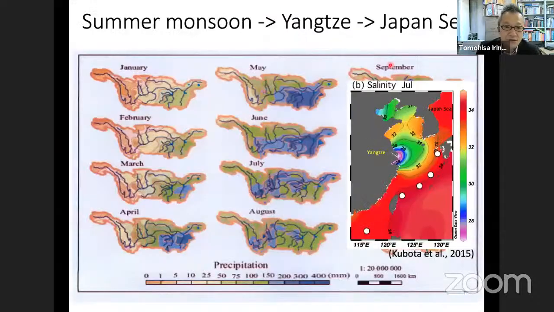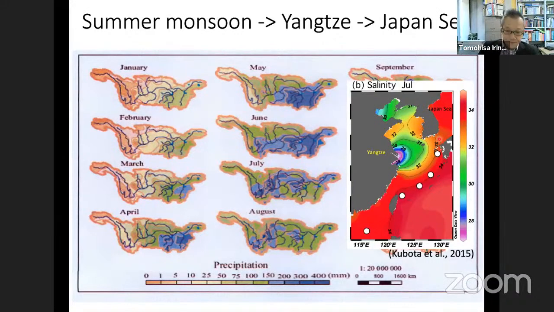During the progress of the season, the frontal activity promotes heavy rain northward in the Yangtze River Basin, and so freshwater discharge propagates on the East China Sea, which influences widely the marginal sea, and which comes into the Japan Sea like this.